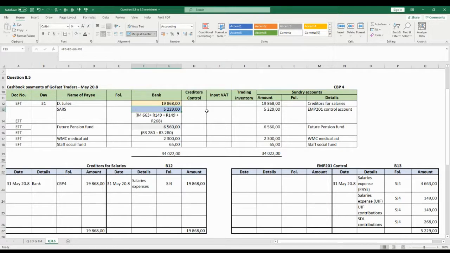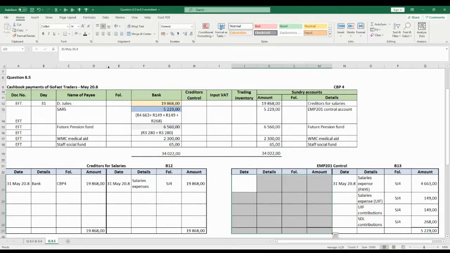Then the next one is SARS, the 5,229. On this one, you can see we owed SARS 5,229. Now we've paid that full amount, so we debit the account with that, and then a zero balance will be carried over.